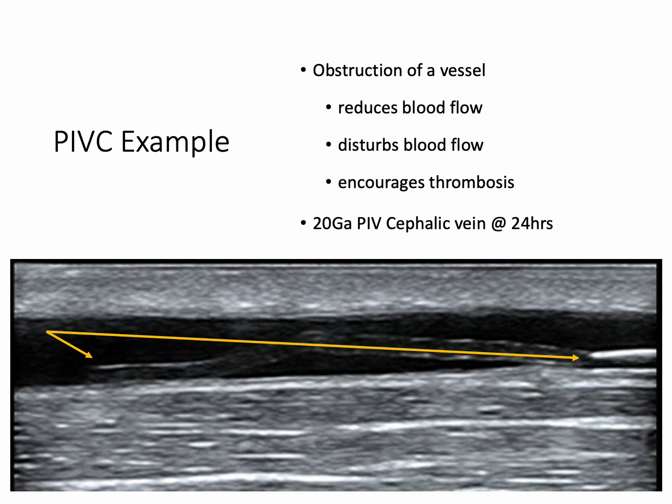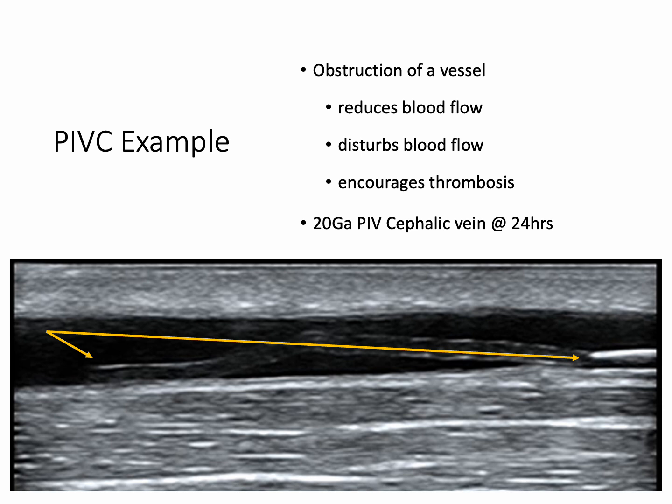So this is an example of a PIVC with an associated thrombus. Now, as you can see, there is potential obstruction of the vessel, which may reduce blood flow, and that disturbance in blood flow can encourage thrombosis. This is essentially a 20 gauge peripheral IV in the cephalic vein, and this image was taken 24 hours after insertion.